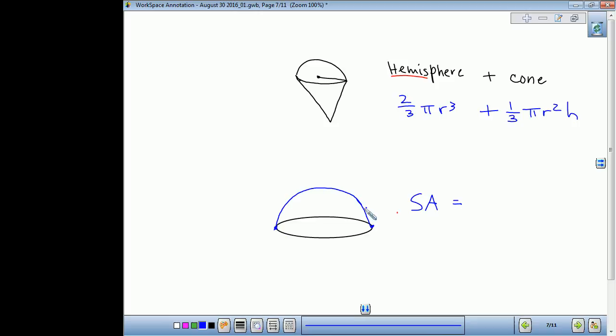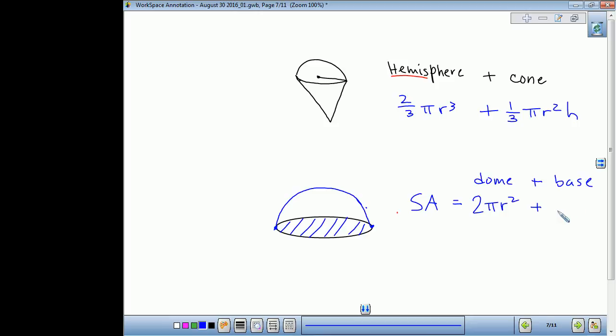Are they just asking us for this little round dome part, or are they asking us for the dome plus the base? Generally with surface area, if it's a word problem, it's the dome plus the base. So it would be half of 4 pi r squared, so that would be 2 pi r squared. So this gives us the dome part plus the base.